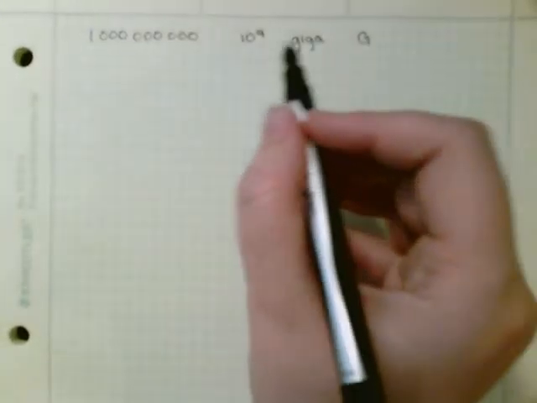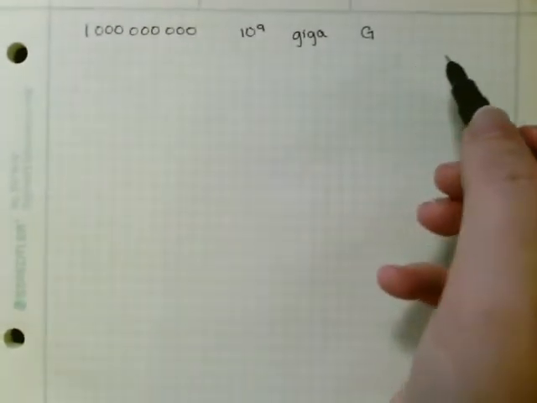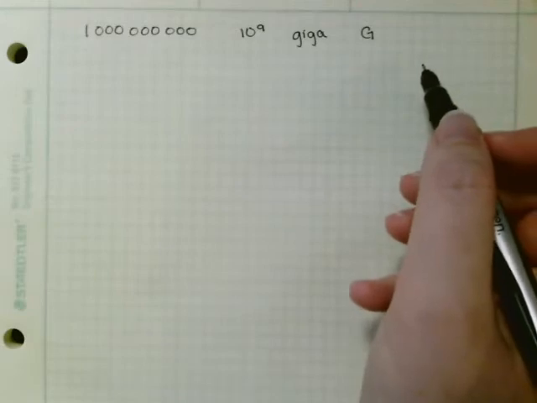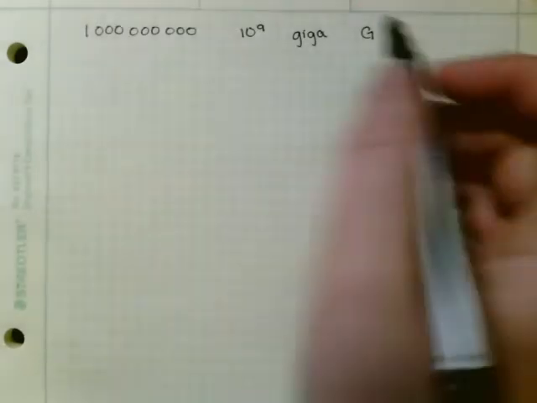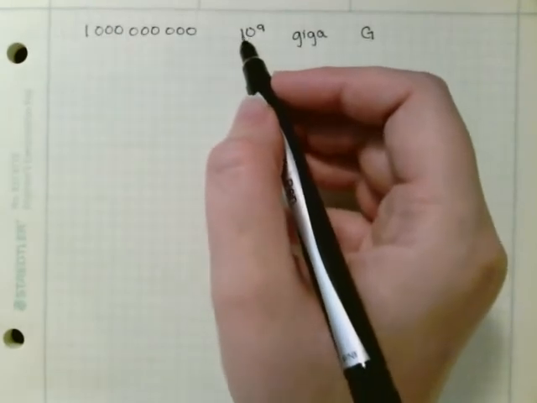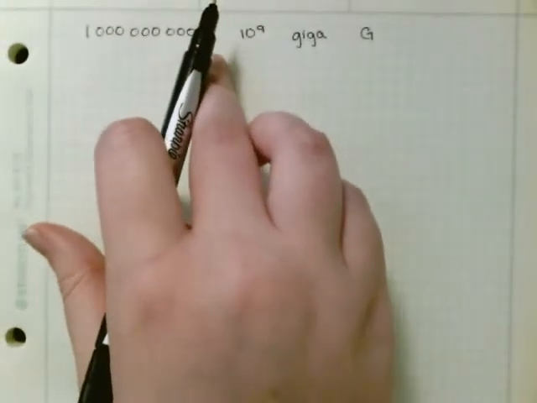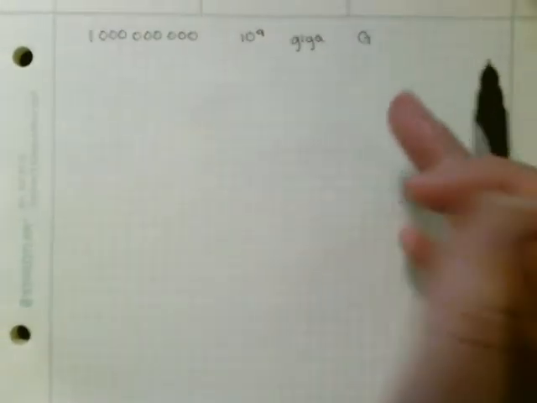We use these prefixes, giga, abbreviated G, only for SI units, but you can use scientific notation in English or SI. For instance, if this was 1 billion newtons, you could say it's 1 giganewton.